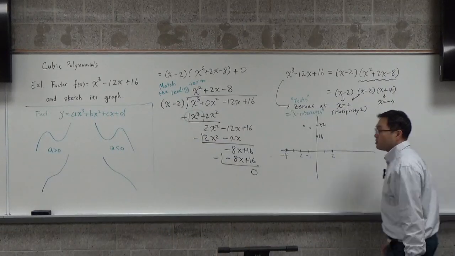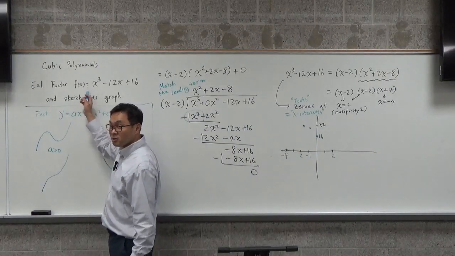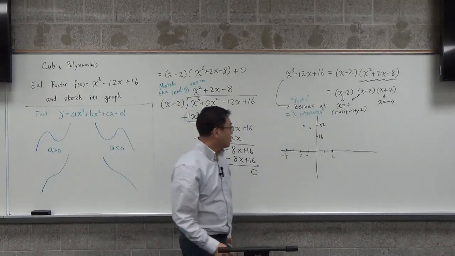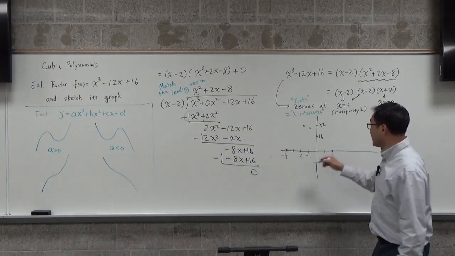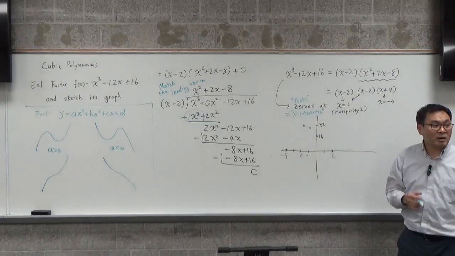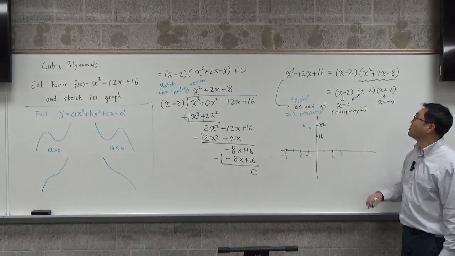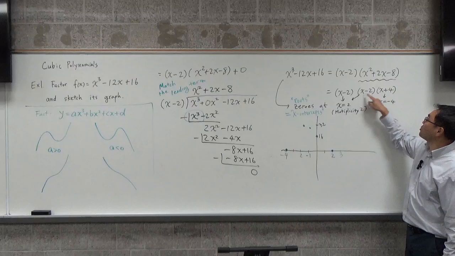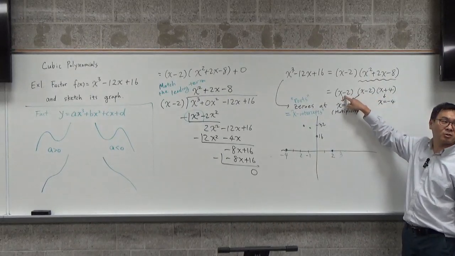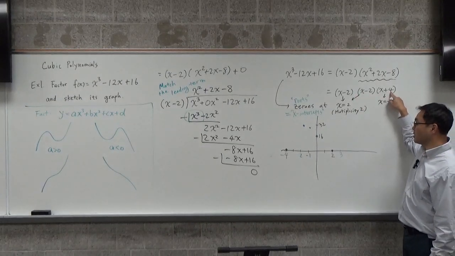And in our case, it's this case because x cubed has 1 as the coefficient and 1 is positive, right? So you have this. So we're going to draw this graph passing through everything. So it must be something like this, right? Now, what might help a little bit is if you plug in 3, and it's easier to plug in 3 here rather than to the original one. What's 3 minus 2? 1. 3 plus 4, 7.